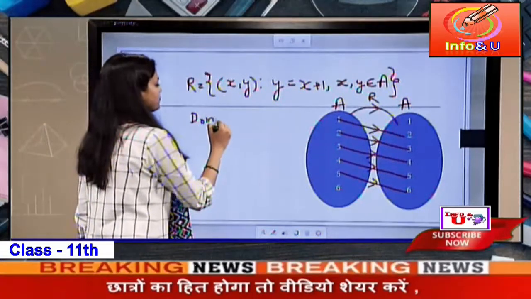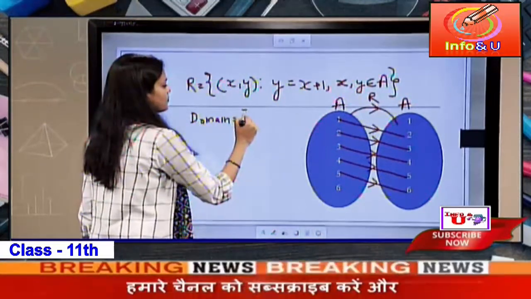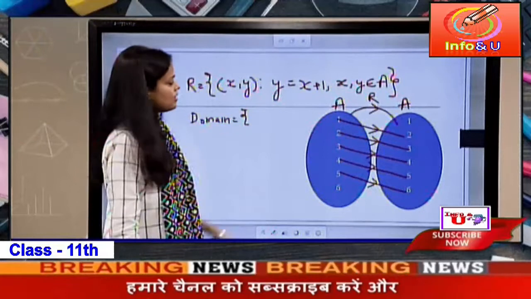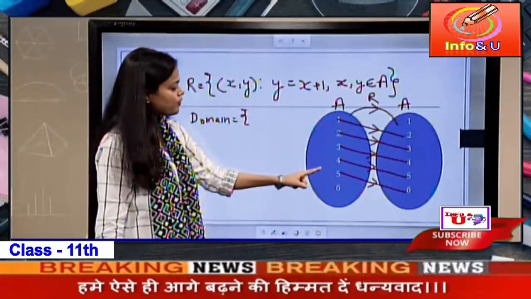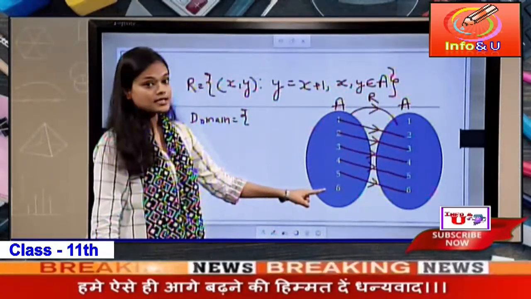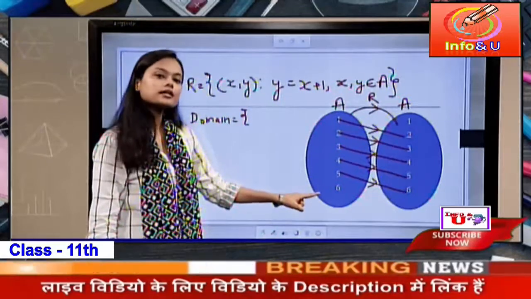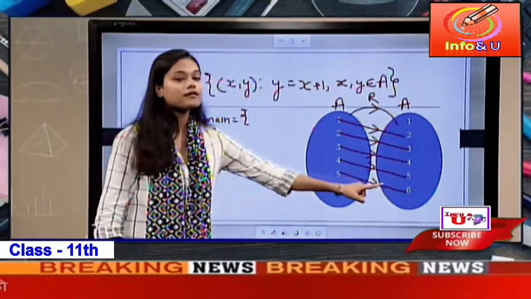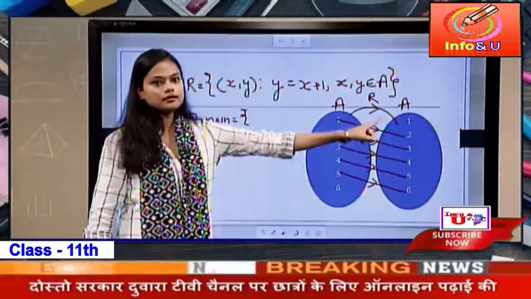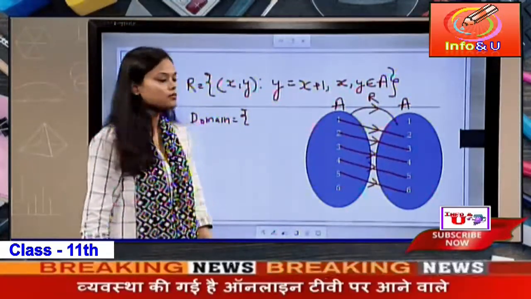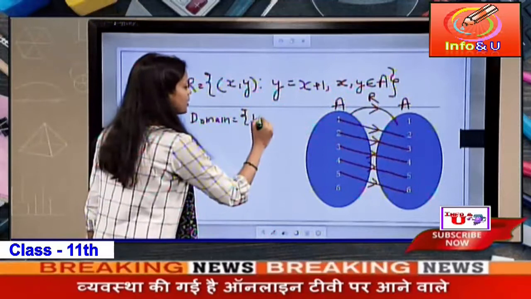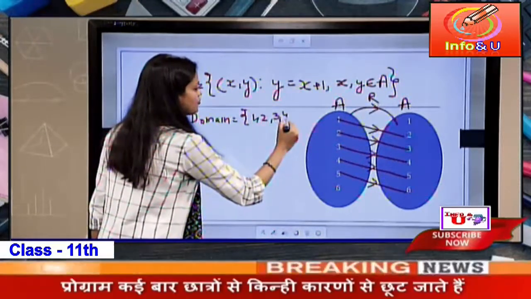Domain: 1, 2, 3, 4 and 5. 6 is not in the domain. Why is it not in the domain? Because it does not have an image in the set A. It does not have an image, so it will not be included in the domain. So 1, 2, 3, 4, 5.